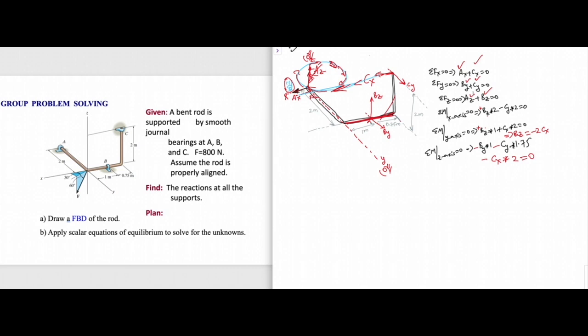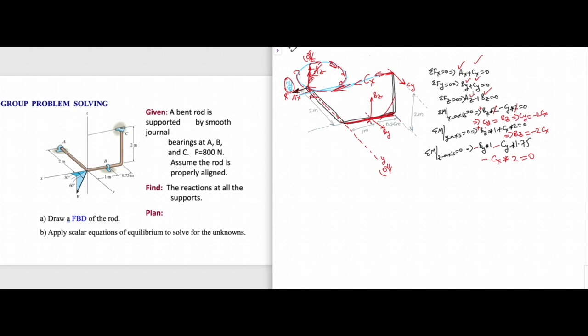So that implies Cy is equal to Bz from here, because I can cancel out 2's. So that implies Cy is negative 2Cx, because we just found out that Bz is negative 2Cx. That implies Cy is negative 2Cx.